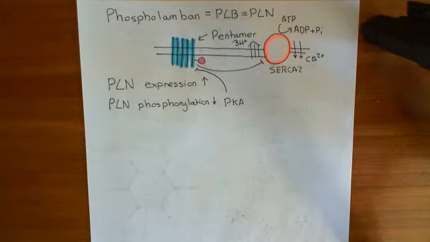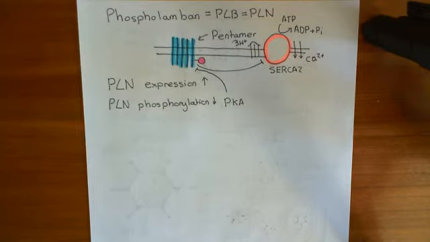In the concentrically hypertrophied cells, you have too high expression of phospholamban, and this phospholamban is not very much phosphorylated. So it's basically, you've got too much phospholamban, and the phospholamban you do have is too active, so they're going to inhibit the SERCA2 pumps that are there, and therefore you're further going to reduce the function of SERCA2.